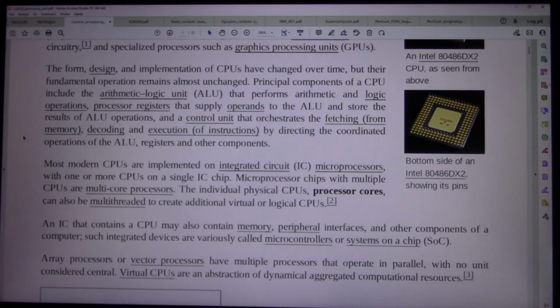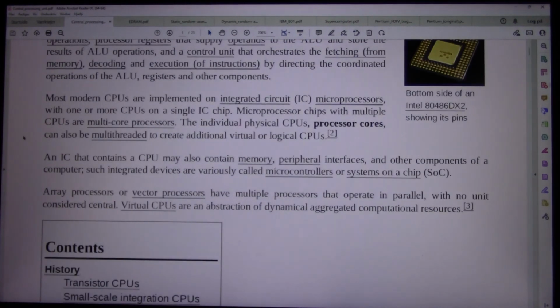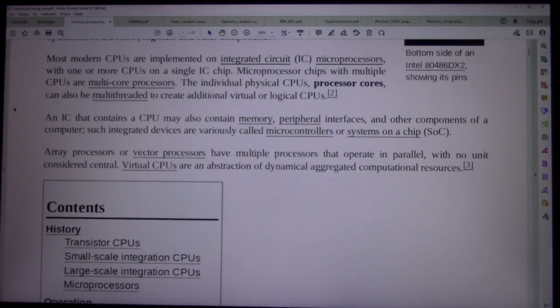Most modern CPUs are implemented on integrated circuit, IC, microprocessors with one or more CPUs on a single IC chip. Microprocessor chips with multiple CPUs are multi-core processors. The individual physical CPUs, processor cores, can also be multi-threaded to create additional virtual or logical CPUs.